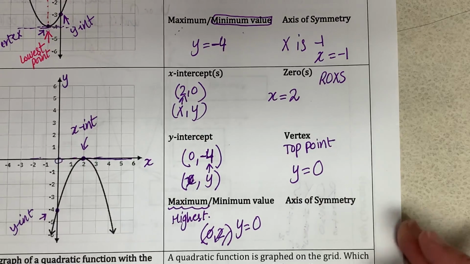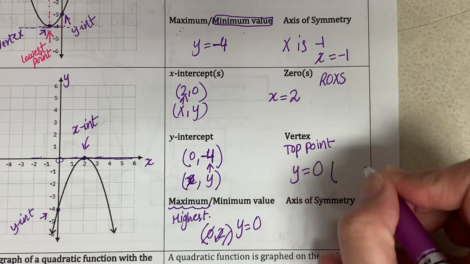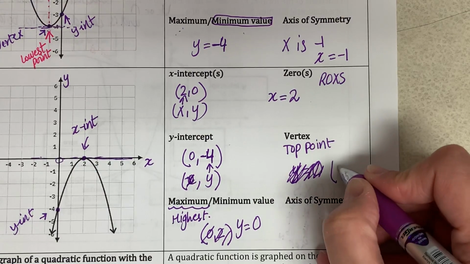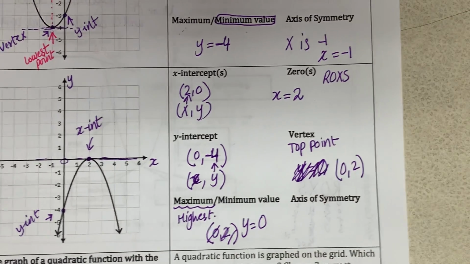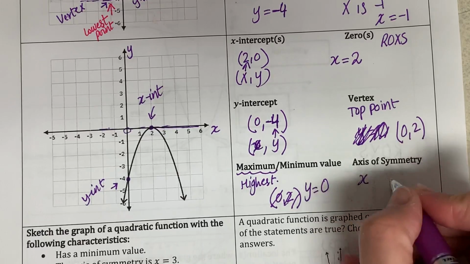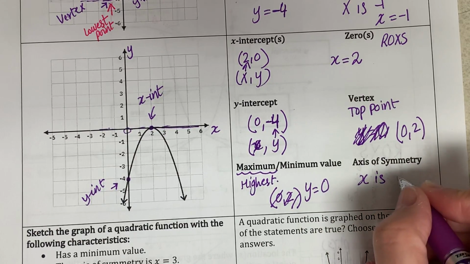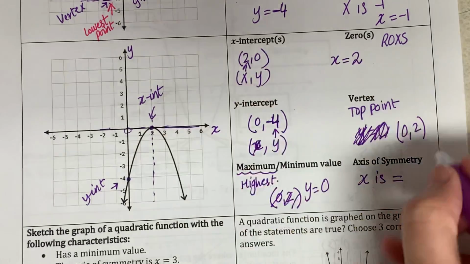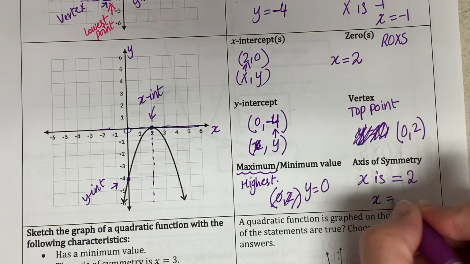And the vertex, I'm going to write as an ordered pair. The vertex is the top point, so you're going to write (2, 0). Axis of symmetry, x is, it cuts into equal halves at this point, 2, or x equals 2.